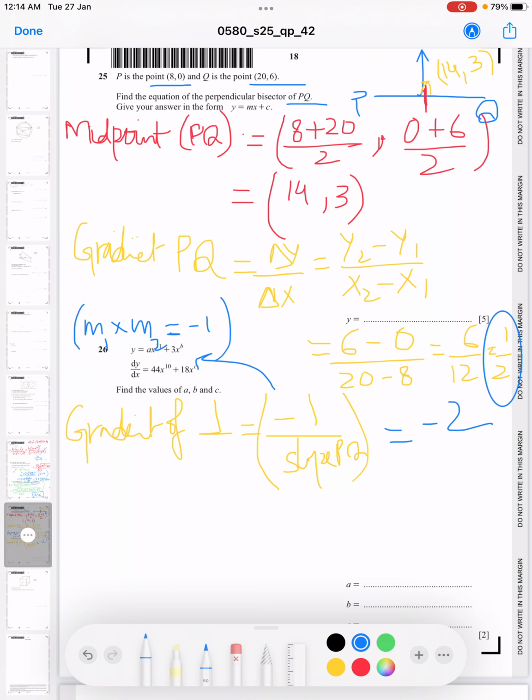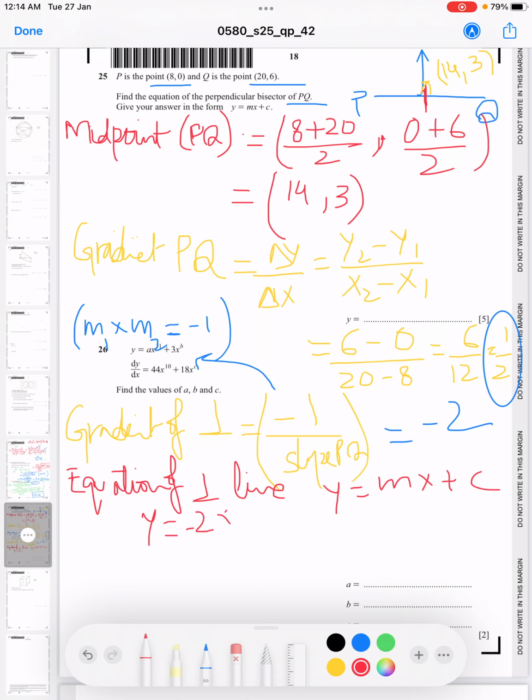Now let's write the general equation of the perpendicular line. It is y equals mx plus c. This is the general equation, and we know the gradient of the perpendicular line is minus 2, so I am writing y equals minus 2x plus c.